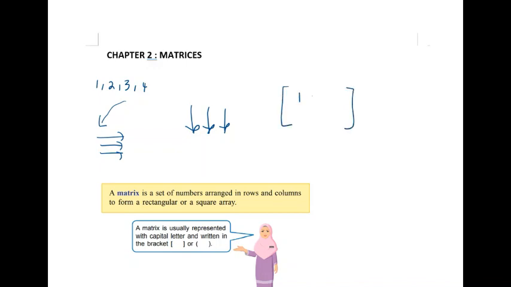Say 1, 2, 3, 4. So this is a matrix. Okay, a matrix is usually represented with capital letter and written in the bracket. Then you can choose bracket like this or like this. Okay, with capital letter, let's say we have matrix A. Then the elements of matrix A, we have 1, 2, 3, and 4.